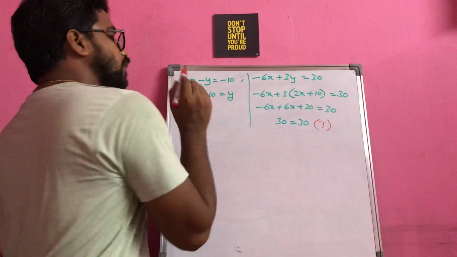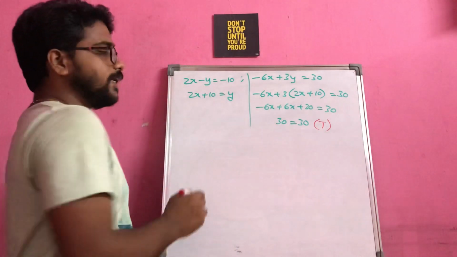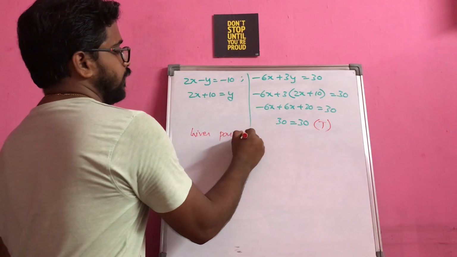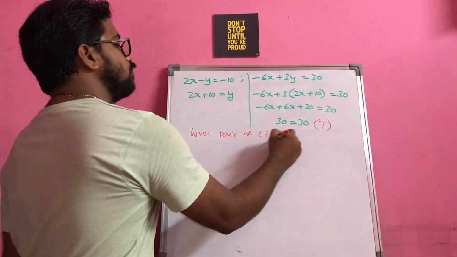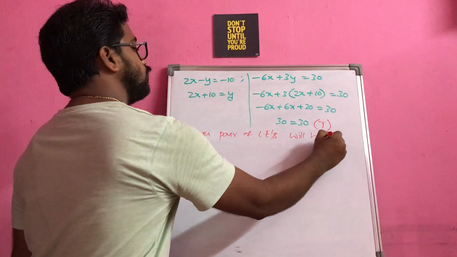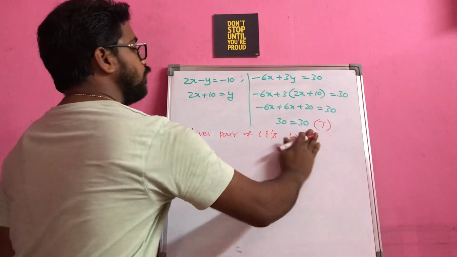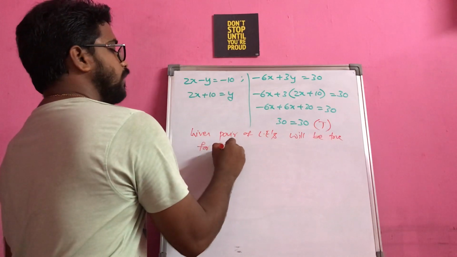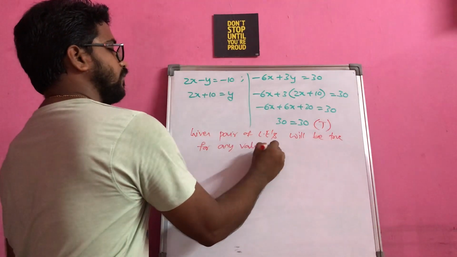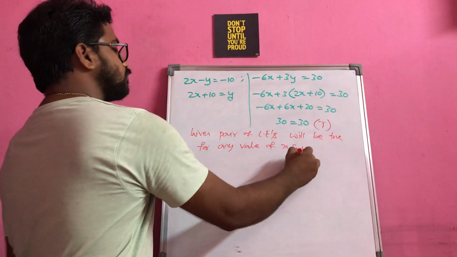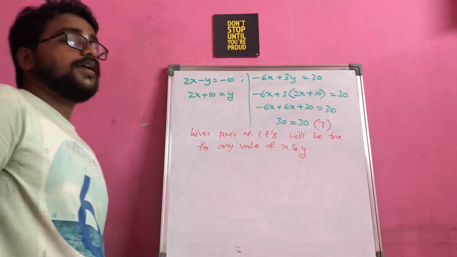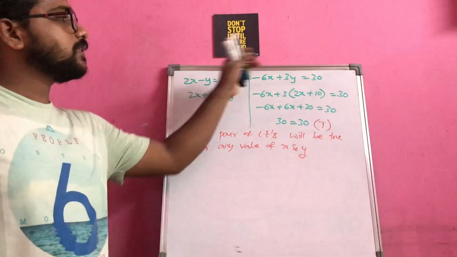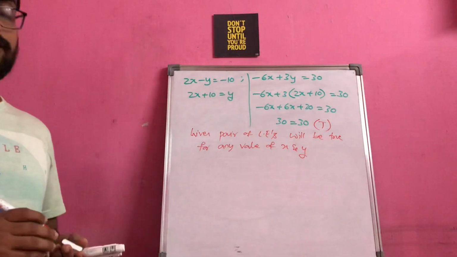It indicates that the given pair of linear equations will have an infinite number of solutions, or will be true for any value of x and y, which means that any x and y values satisfying this equation will satisfy the second equation also.